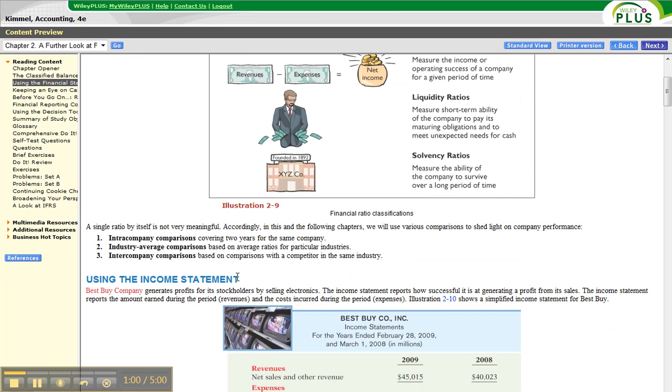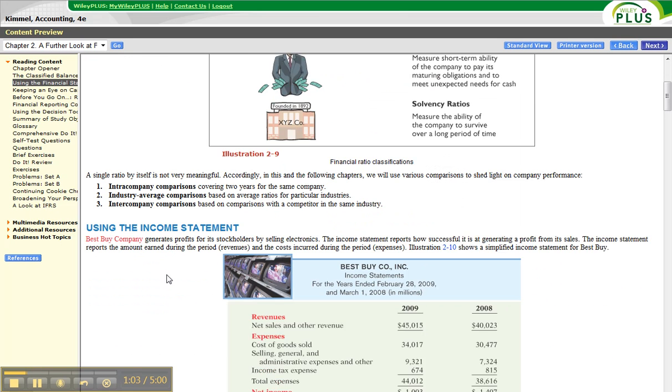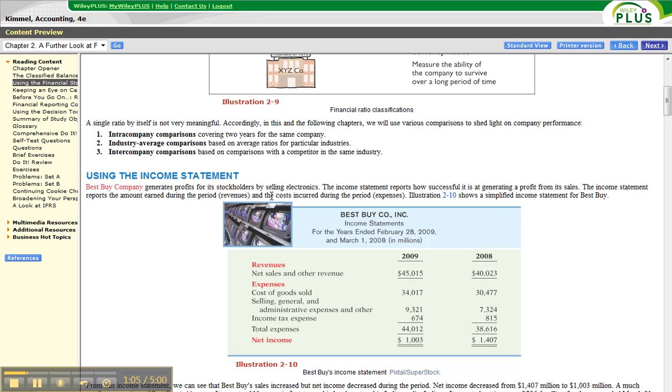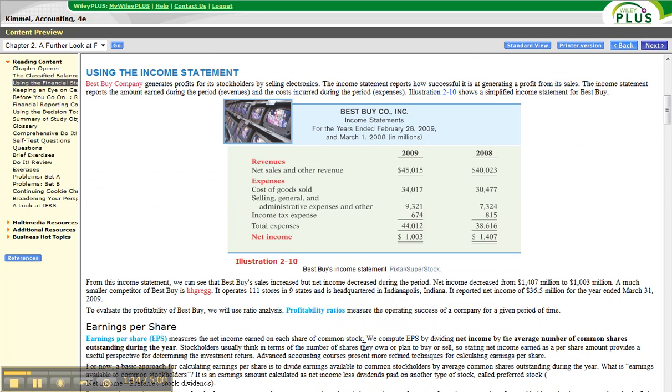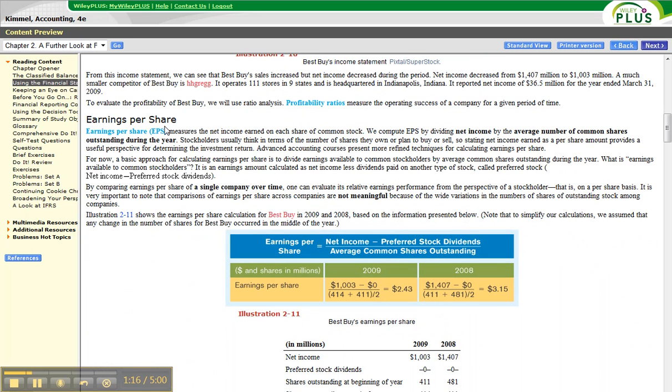Okay, so just going through each of those ratios, using the income statement, since this is a statement that derives or calculates the profit of a company over a period of time, we use a profitability ratio called earnings per share.